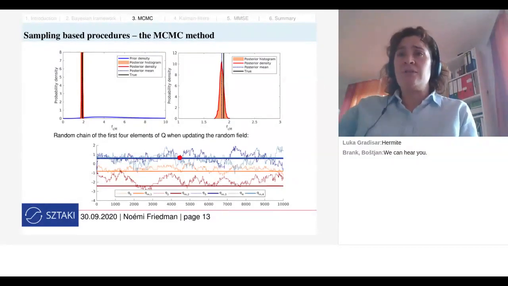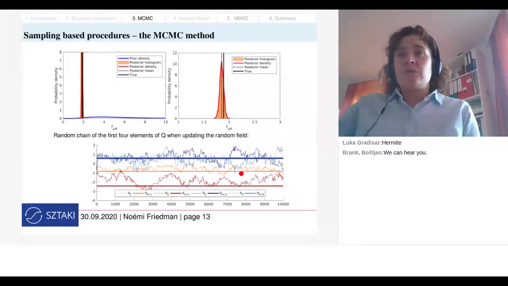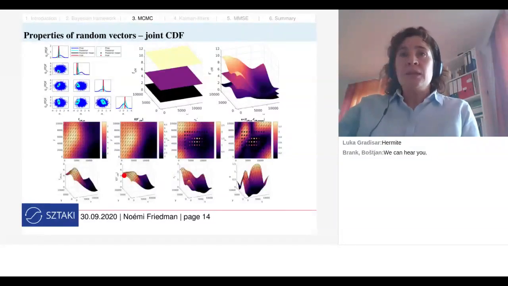Maybe these blue curves tend to oscillate around those true values of the parameters, the blue lines, but also the orange. But for example, this brownish color is really oscillating here and there. So it's difficult to know which part is the burn-in part and how long you should go with the walk.